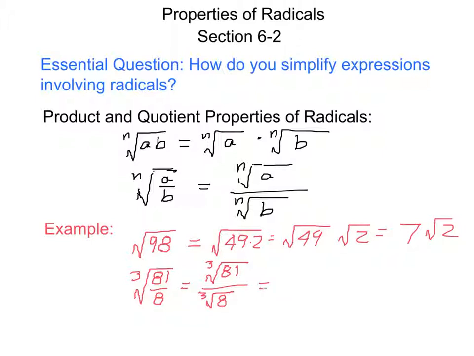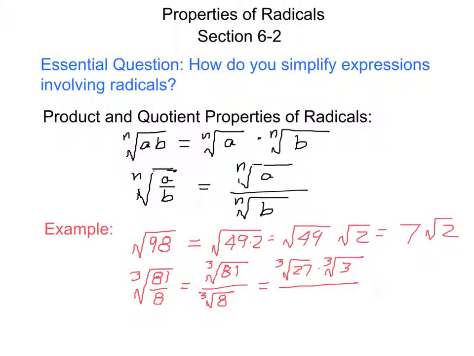And I can further simplify that by saying the cube root of 81 is simply the cube root of 27 times the cube root of 3, divided by the cube root of 8.